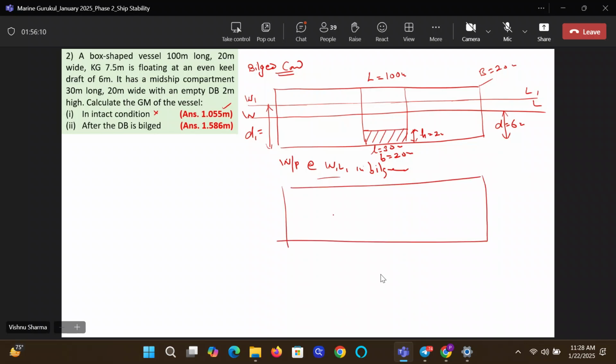You'll see the whole water plane of length 100 meters, breadth 20 meters. You'll see these bulkheads, but there will be no loss of water plane. It will be fully intact. Correct, guys? Anybody in the class having doubts?